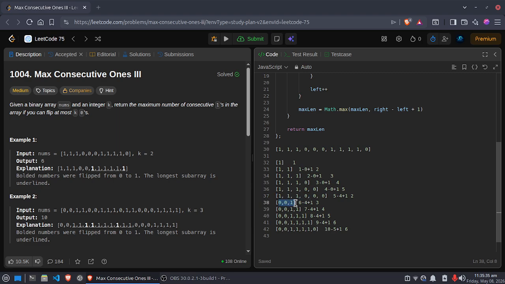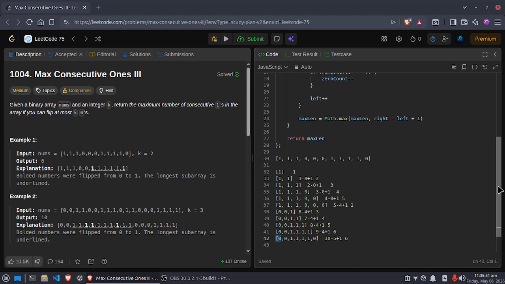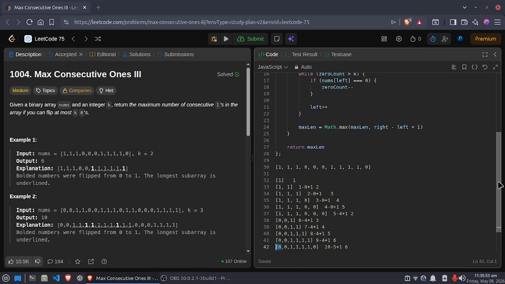Then I get the new array 0 0 1, then 2 zeros again. This time again 3 zeros come. So we again have to remove from the left side until I can get the exact 2 zeros here.